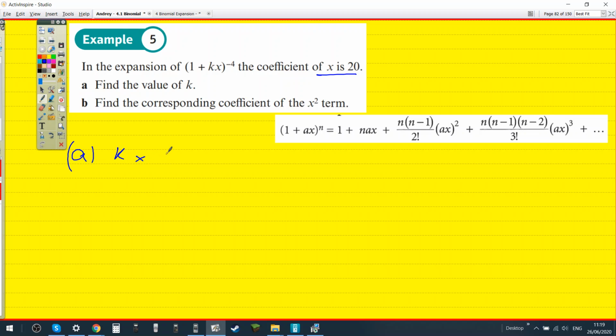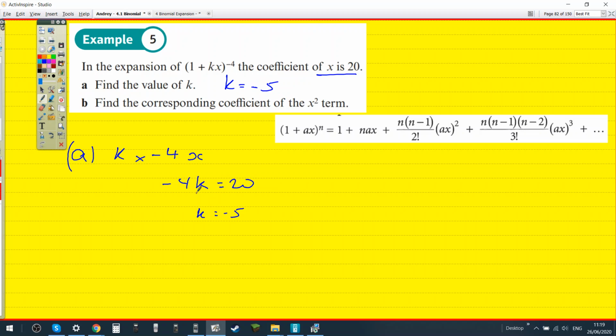Will it be -4k equals 20? So 4k equals 20, and so k is -5. So k is -5.